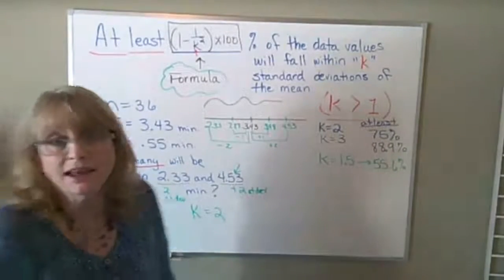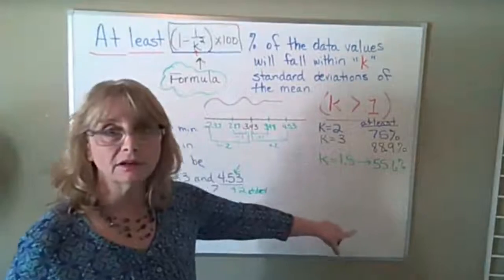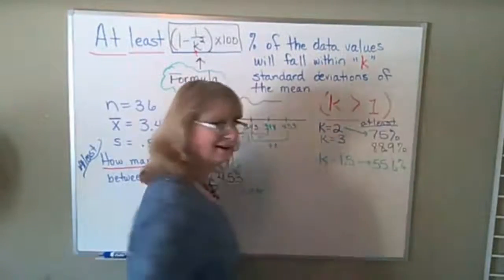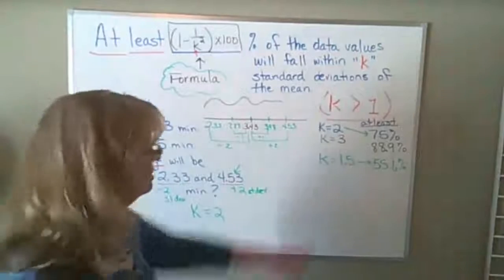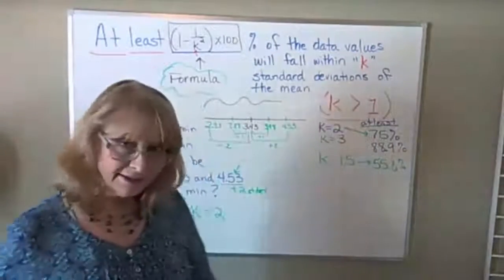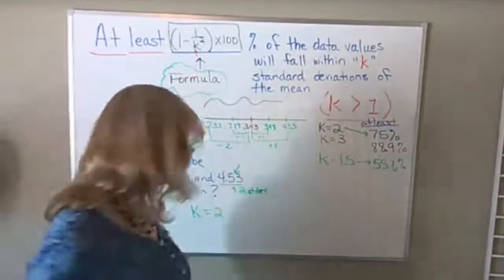Now, we've already done K equal 2. We already know the minimum percentage. I wrote some of these up here, so let's look over there. When we did K equal 2, we got that at least 75% will be within 2 standard deviations for any data set.